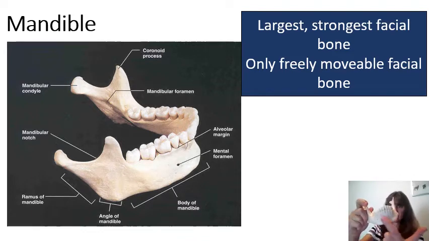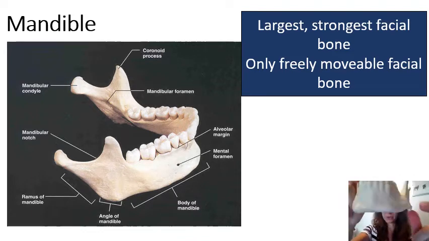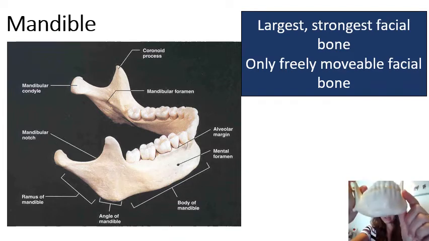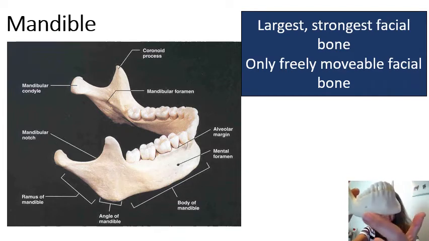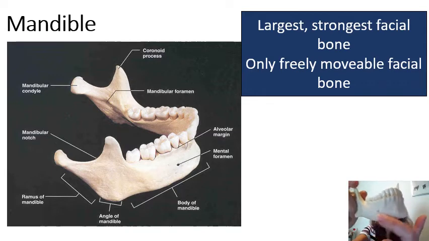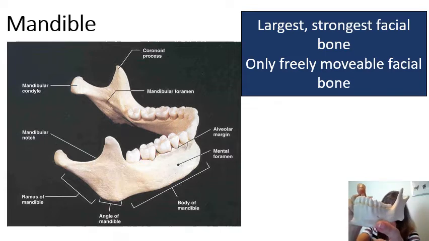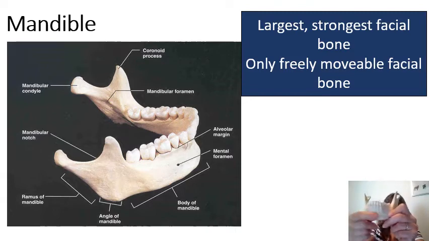Externally, there are two holes. So we've got one mental foramen, and then on this side we have the other mental foramen. So the mental foramina collectively are going to be found near the chin. Remember, this is mental when you learned about the regions.